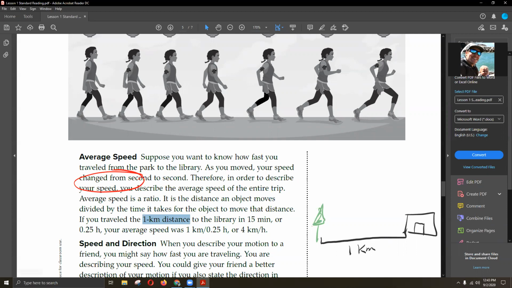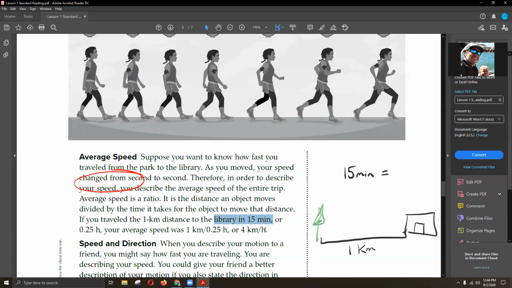So let's assume it took you 15 minutes to travel to the library from the park. It took 15 minutes to travel 1 kilometer.